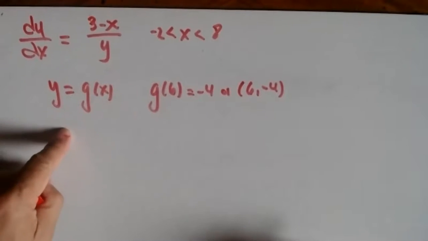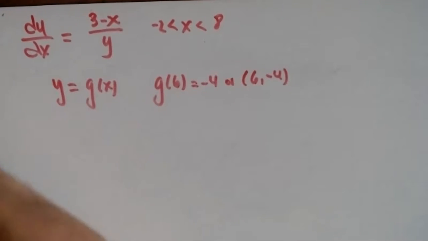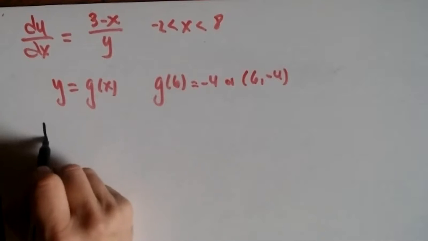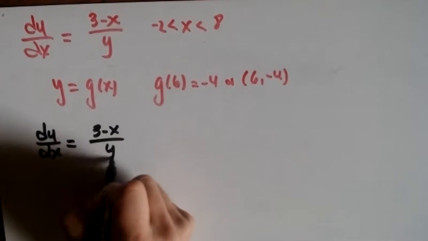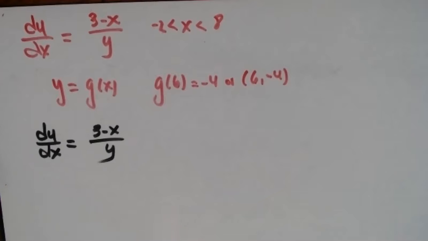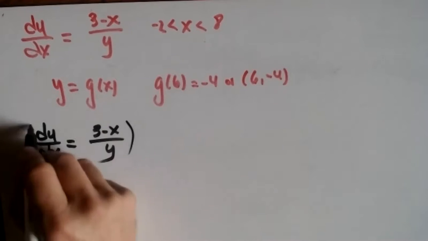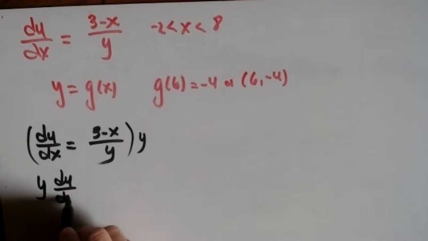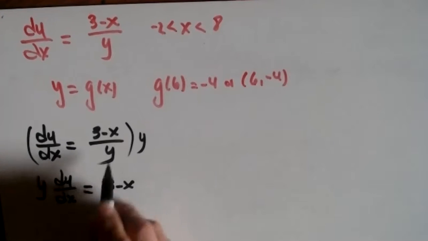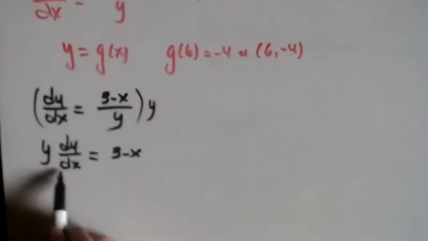So we need to find y equals. So we have to do the separation of variables. So dy dx equals 3 minus x over y. Then I'm going to multiply everything times y. So I'm going to have y dy dx equals 3 minus x. These two cancel, and then I have here an x.